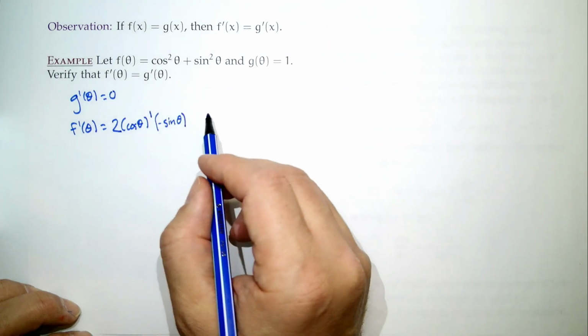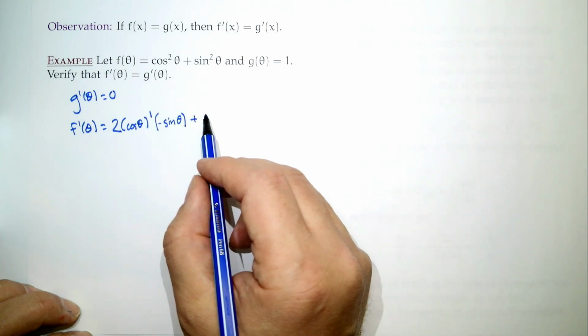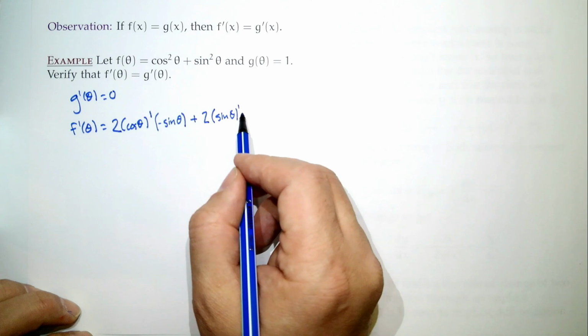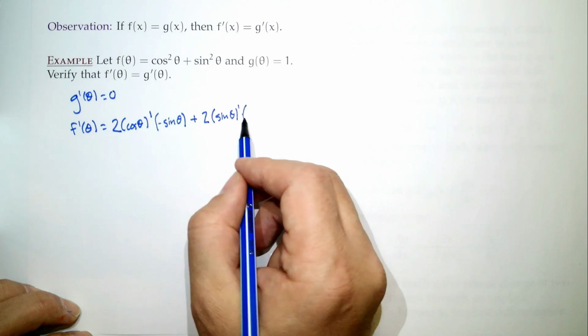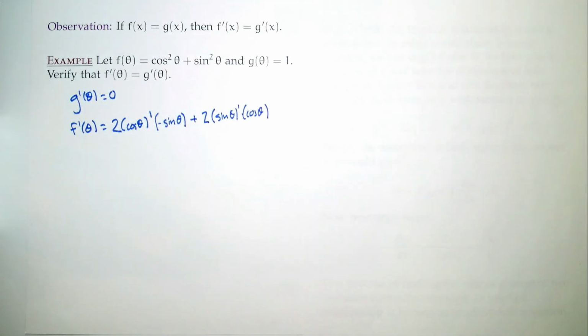Now the derivative of sine squared theta. What is that? 2 sine theta to the first times positive cosine. The derivative of sine is positive cosine. Now we have to check. The claim was that these two should be equal. You might notice that one of them is a lot longer to write than the other.